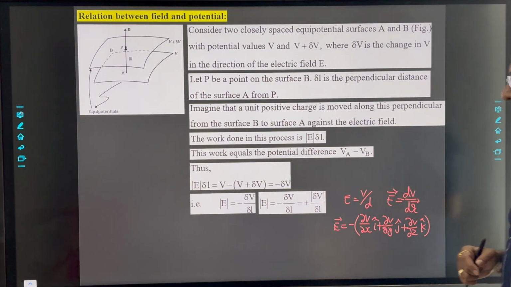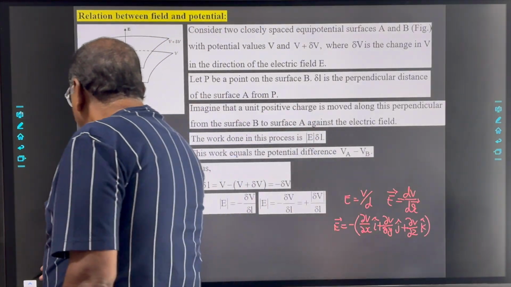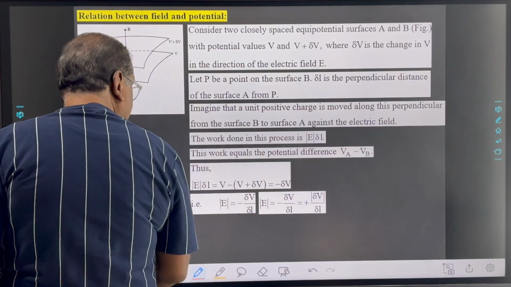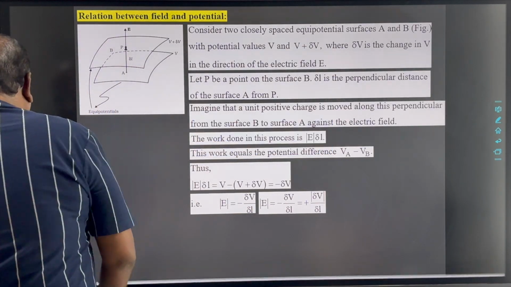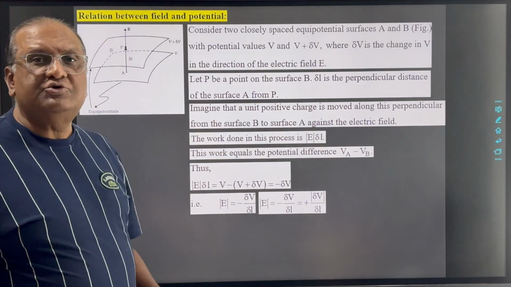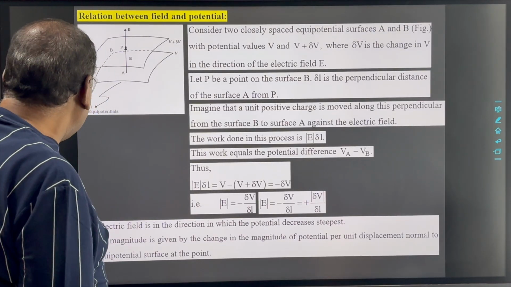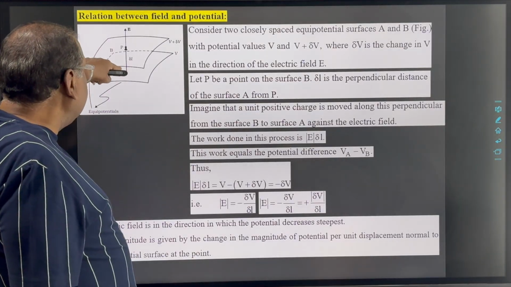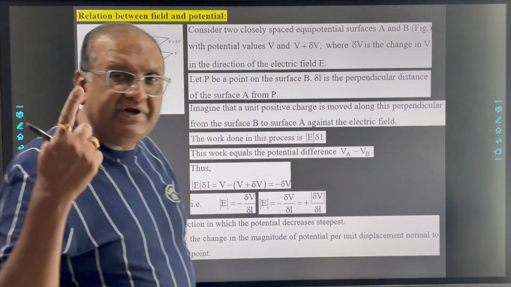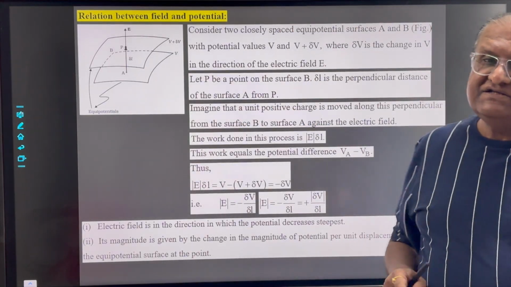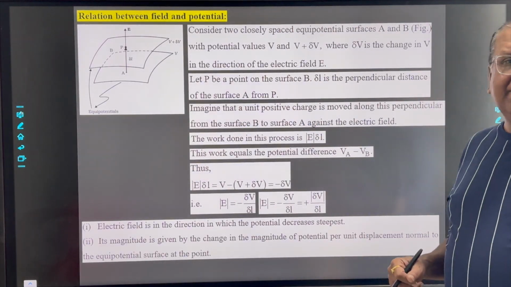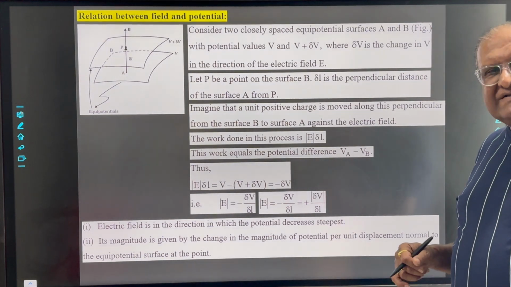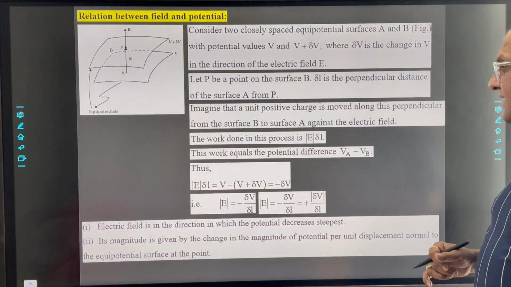Now from this relationship you can conclude two points. One, the electric field is always in the direction in which the potential decrease is steepest, which means the maximum decrease in potential always takes place in the direction of the electric field.